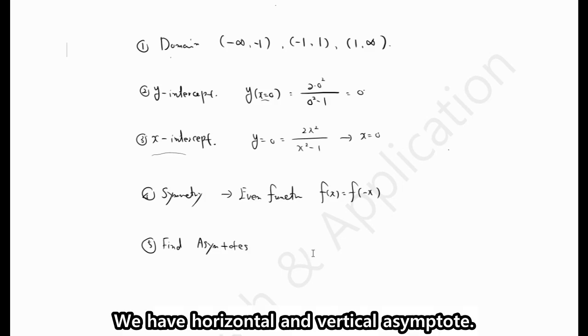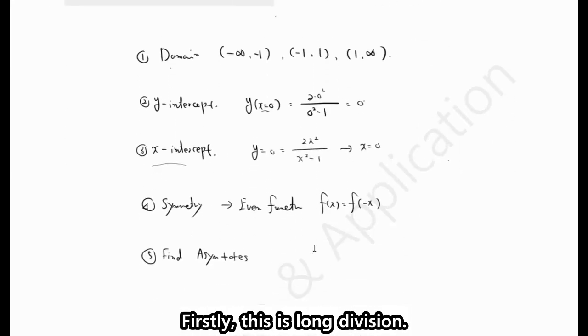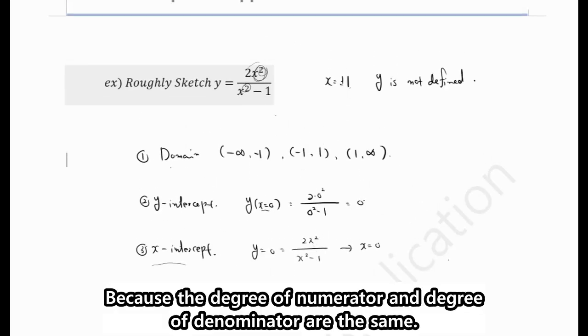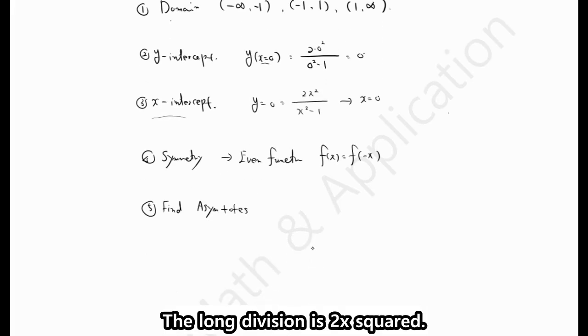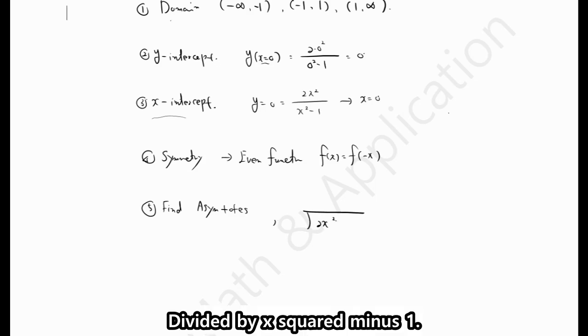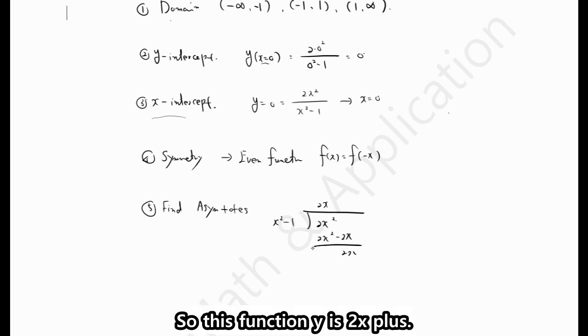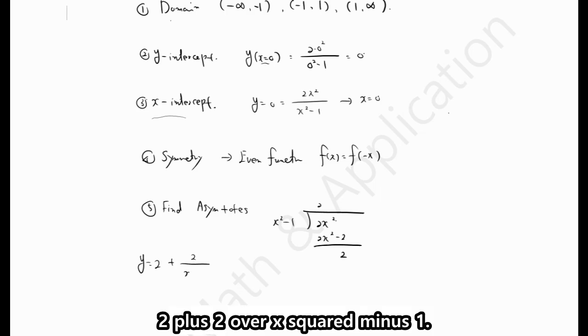We have horizontal and vertical asymptotes. Firstly, we perform long division because the degree of the numerator and the degree of the denominator are the same. Dividing 2x squared by x squared minus 1 gives 2, so this function y is 2 plus 2 over x squared minus 1.